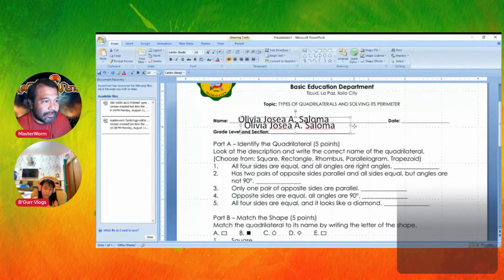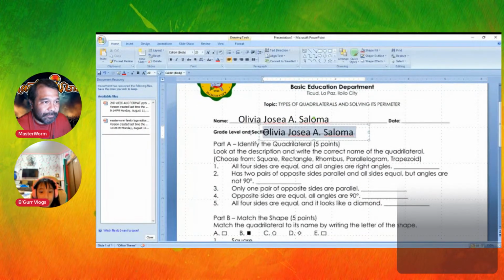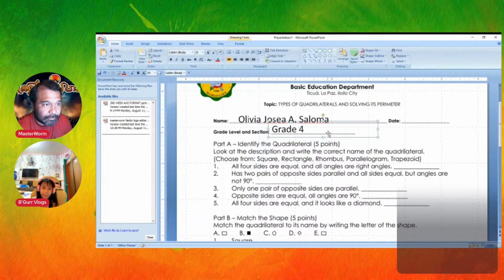Alright, so what is your grade level? Grade 4. What's your section? St. Peter.